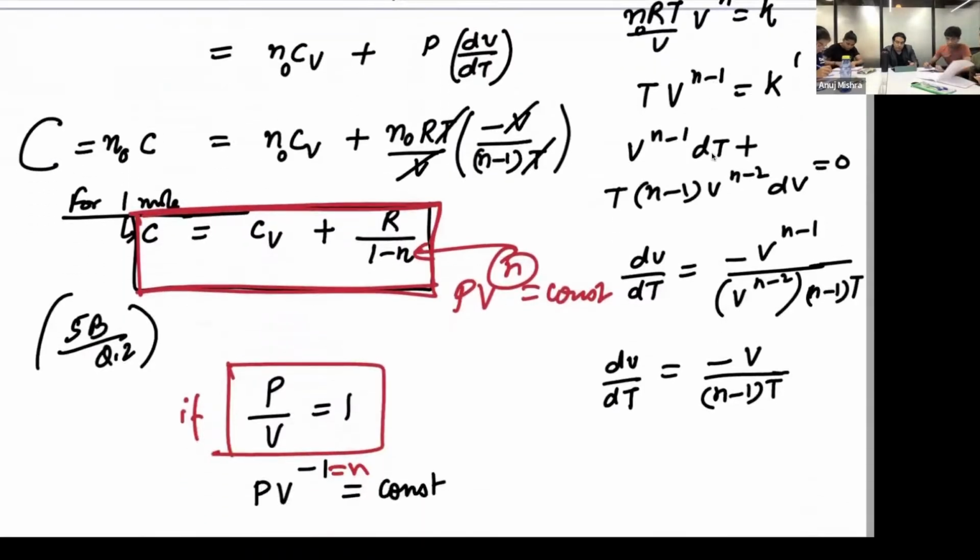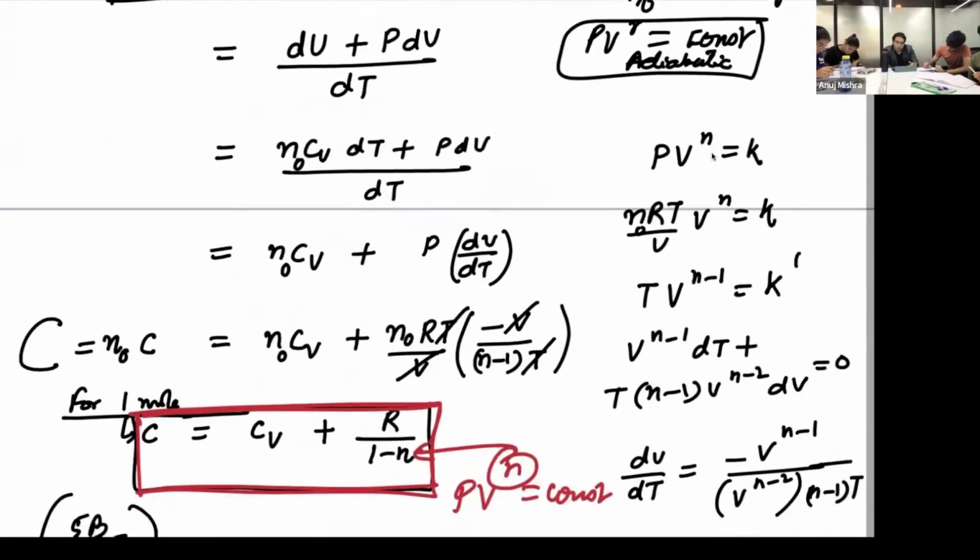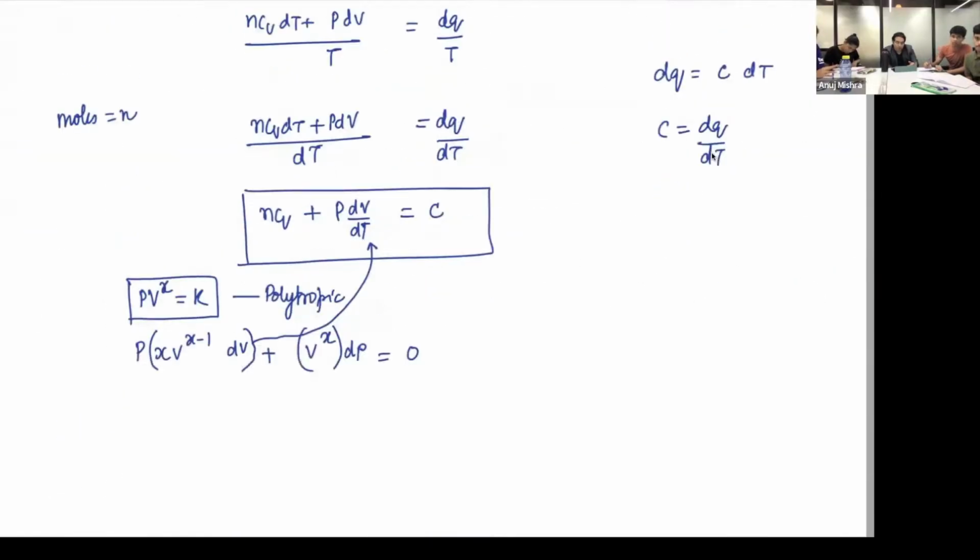Sir, can you just go back down one second? I'm going with n naught moles. What am I taking for n? It's n moles itself. I'm taking n naught. But no, I used x especially. Yeah, use x.